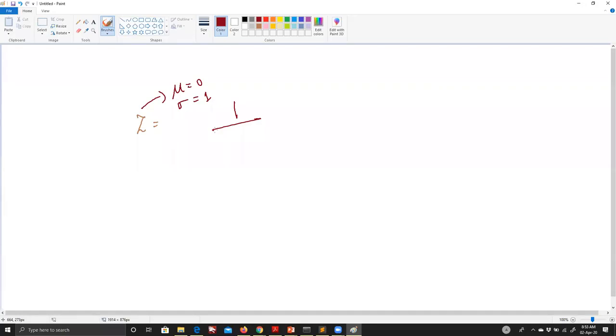It's 1 by sigma into root 2 pi. Sigma is 1, so you can ignore that. Yep, 1 by root 2 pi, e to the power minus 1 half.